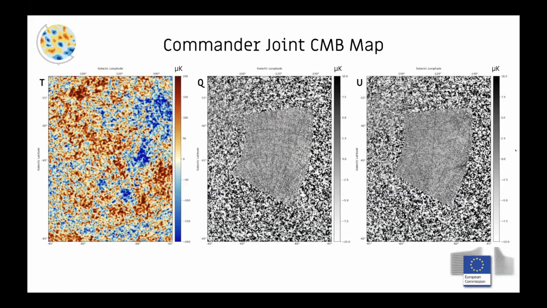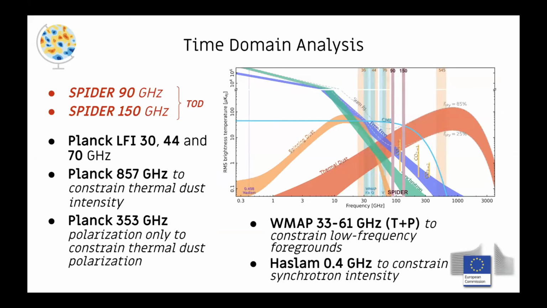Okay, so let's now move on to the more interesting case, because actually we want to do end-to-end analysis. So we performed the time domain analysis where we actually produced the Spider channels from scratch. In the earlier case, we pre-produced them and fed them into Commander. Now this setup resembles a lot more the final goal that we have in mind, where we want to have all the frequency channels produced from raw data.